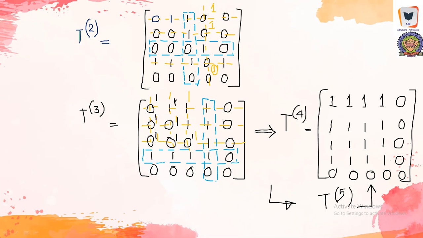Now in order to build T5, we need to select the 5th row and 5th column. So in the 5th row and 5th column, interestingly, there are all zeros because this points to the vertex E. Vertex E is not connected.